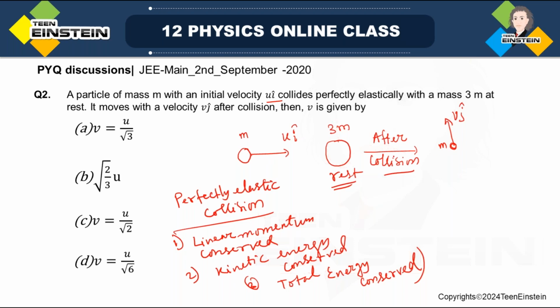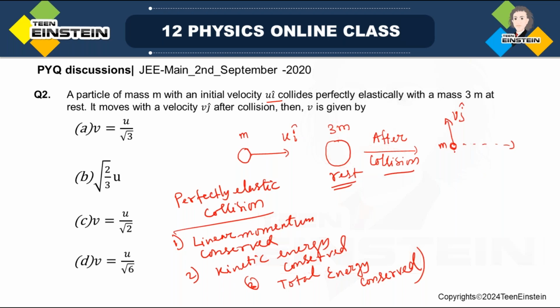That means this 3m should have velocity in a certain direction in the plane, in terms of i and j. Why? Because there is no momentum along this direction now, but earlier there was momentum. There should be some momentum in this direction.